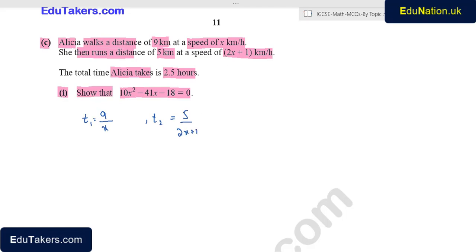And the total time Alicia takes is 2.5 hours. So 9 over x plus 5 over 2x plus 1 is equal to 2.5. Now we have to show that 10x squared minus 41x minus 18 is equal to 0.